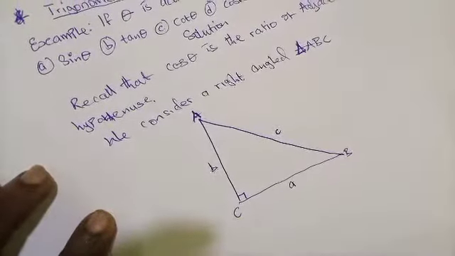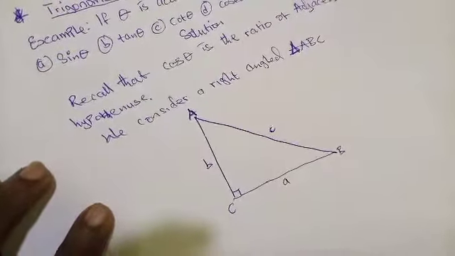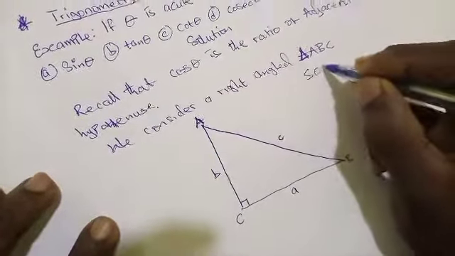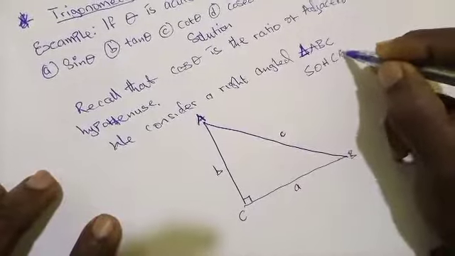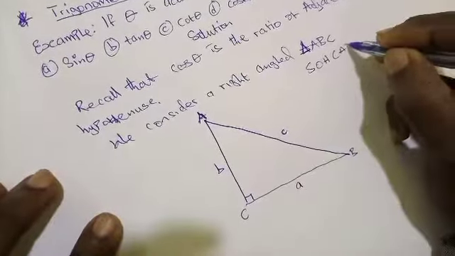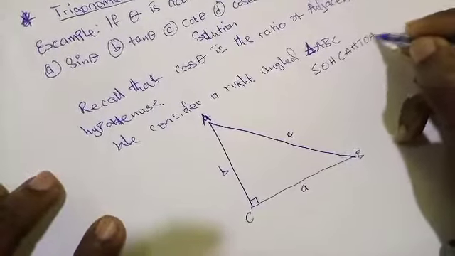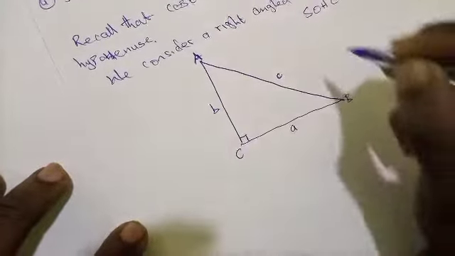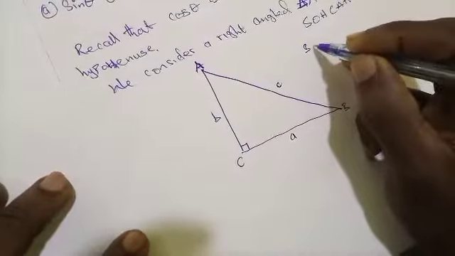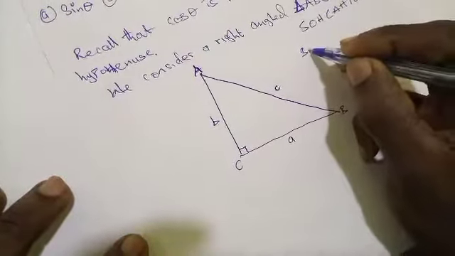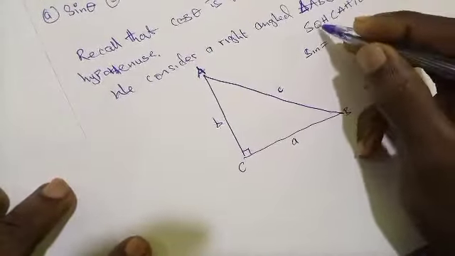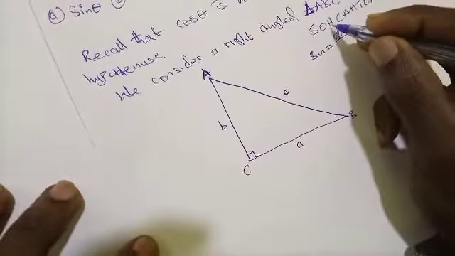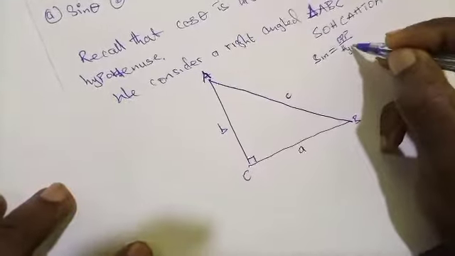But before we continue, there is what we call SOHCAHTOA. The S is sine, which means sine is equal to the O here is opposite, all over the H here is for hypotenuse.